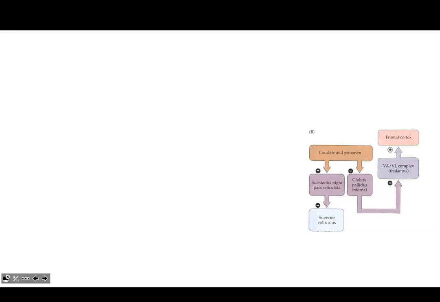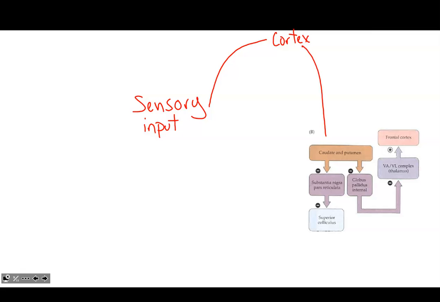All right, so the idea is that there's some sort of sensory input, right? And neurons that we consider ascending will work their way up toward the brain and eventually into the cortex, right? The cerebral cortex will provide synaptic output that enters the caudate and the putamen, the striatum.